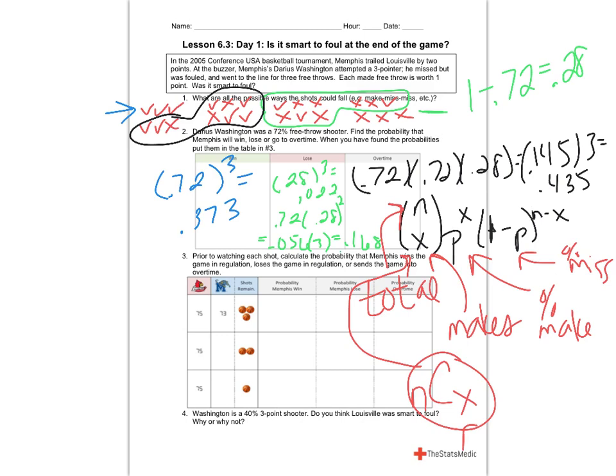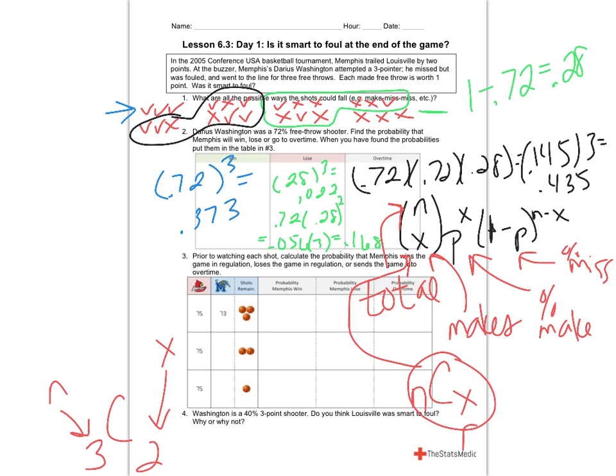In this particular example, what went into my calculator would be 3, because that's my total number of shots. This is my N. He has the opportunity to take 3 free throw shots. Then C, and my R here is 2, which is how many he would make.